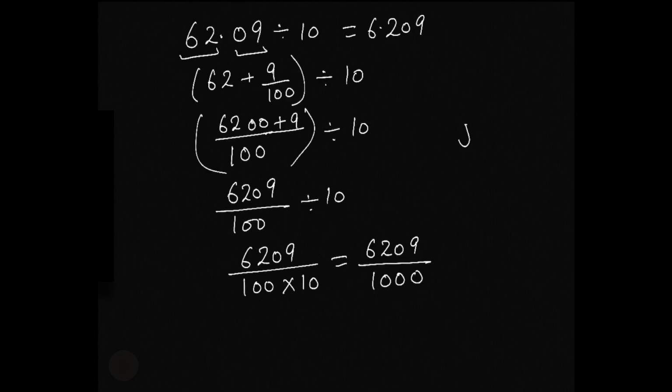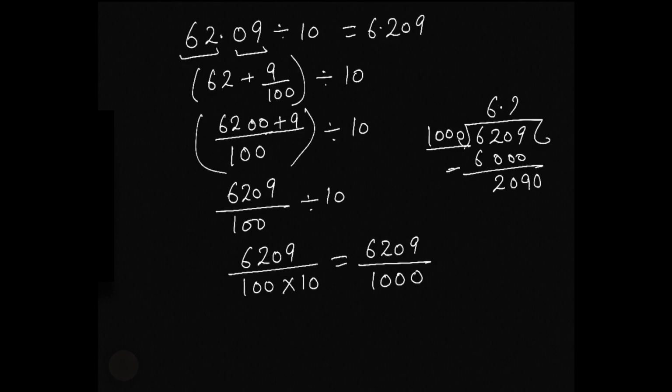So now if you divide it by 1000, 1000 sixes are 6000, right? What do I get here? 209. So what should I do? Put a decimal, because my division is done. This is the remainder. Now the fractional part will start. So I can add a 0 here. What is the remainder now? 90.